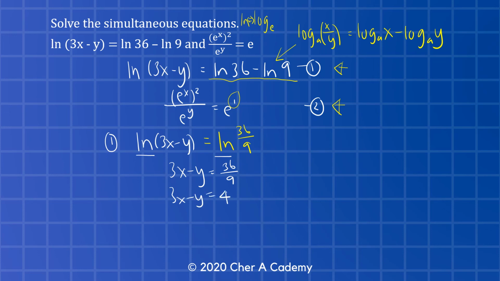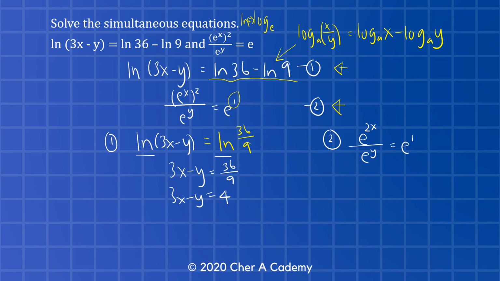Now let's look at the second equation. Second equation, I have e^x in bracket squared over e^y. So I'm going to simplify that. So e^2x over e^y equals e to the power 1. This is in the indices chapter.